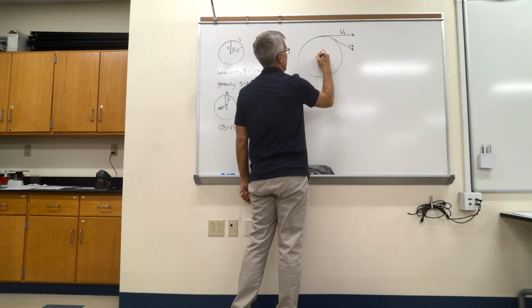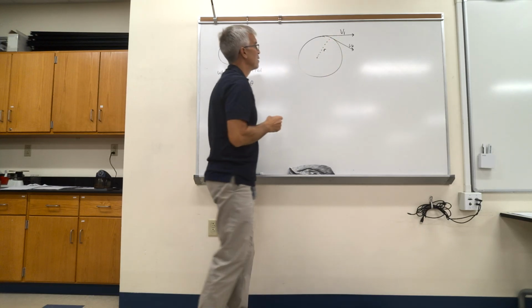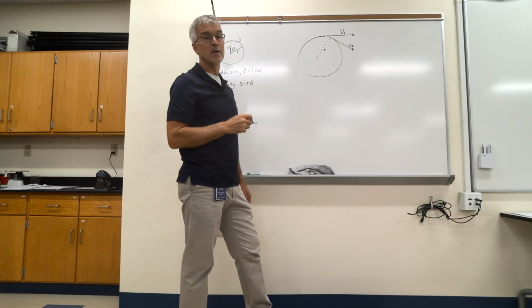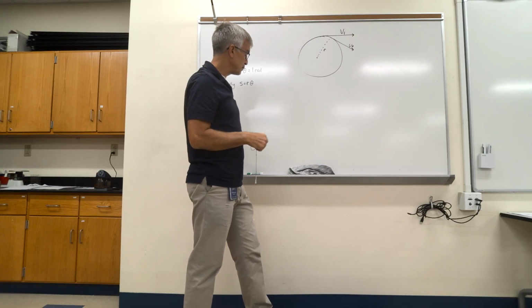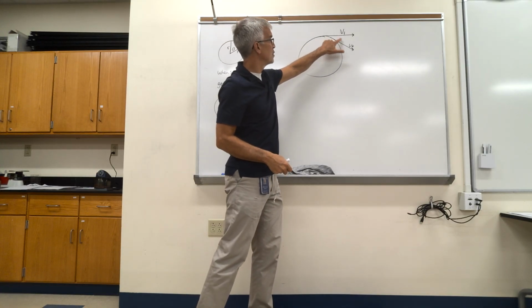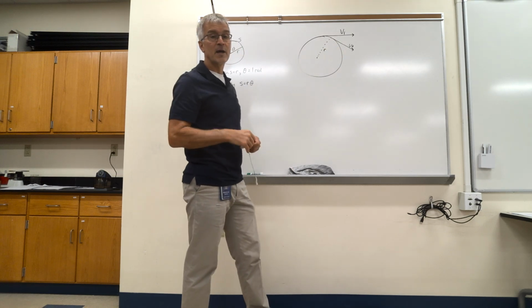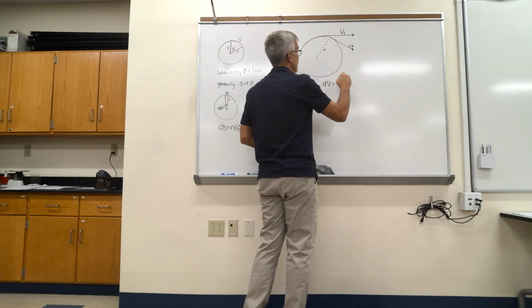Now I'm going to draw a radius from the center to the tail of v2, and they make a right angle with each other. Now I want to find how much the velocity changes between v1 and v2. It's going to change an infinitesimally small amount. So I'm going to call that dv.